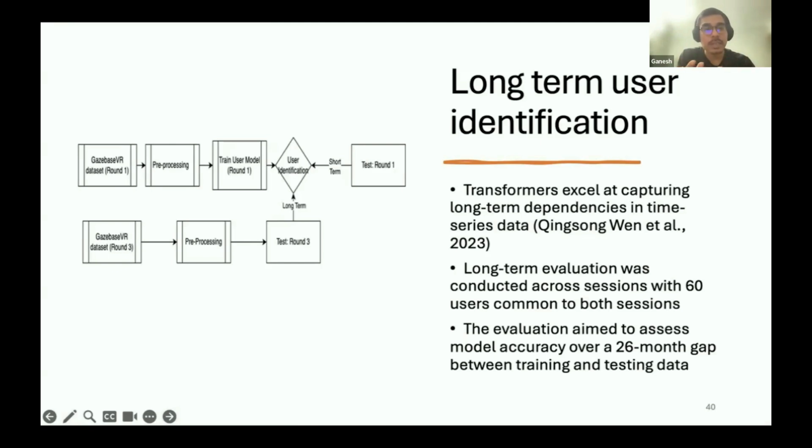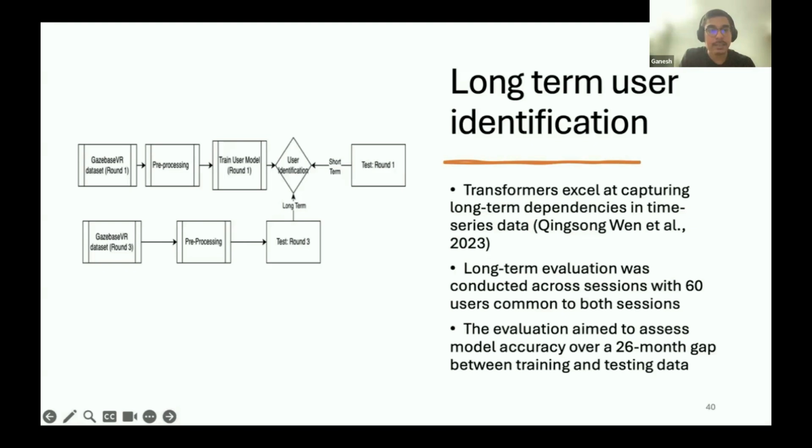So that's why we chose this data set which has 3 rounds of data collected over 26 months of span. We trained the model using round one data, and then we tested the model using round three data.